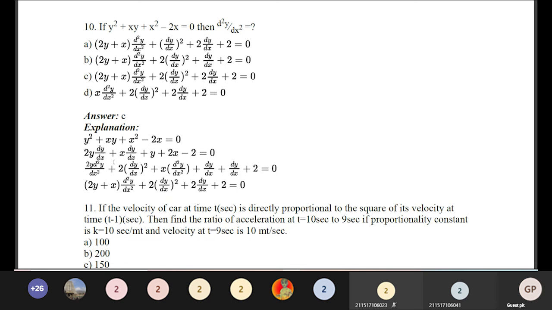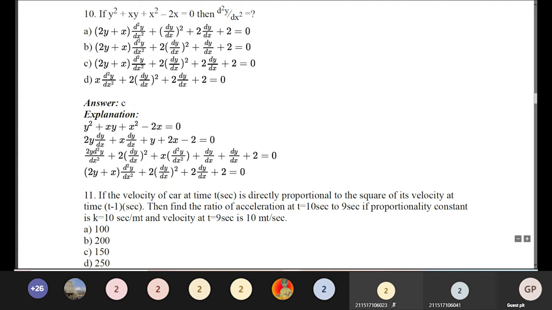But note that in ordinary differentiation, it should be 2y into dy by dx. That dy by dx, sometimes you will forget. Please recall that one. And some application problems are also there.